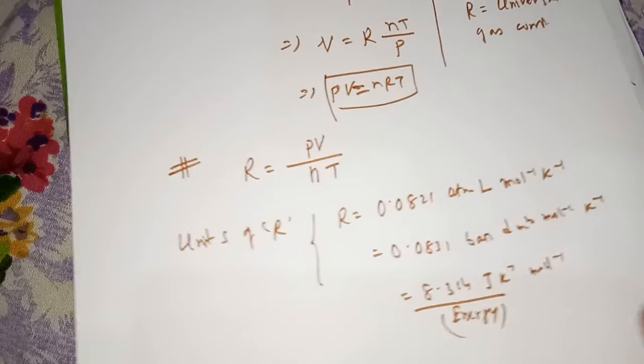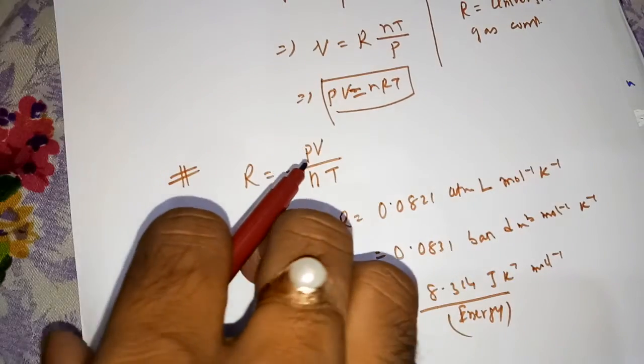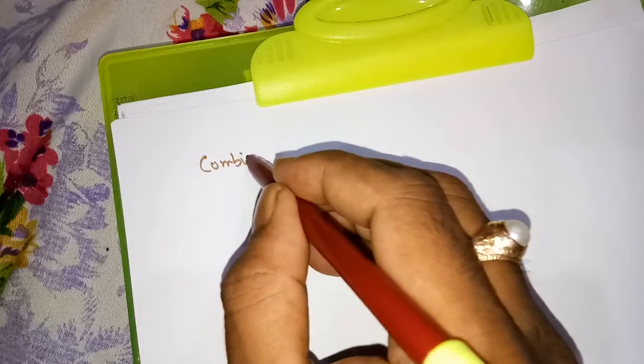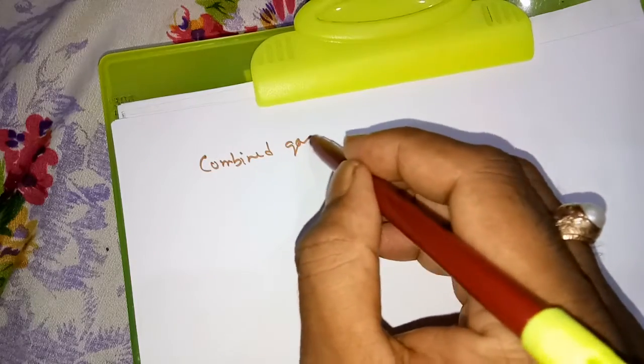Next is the combined gas equation. Same PV equals nRT, so PV by T equals nR.